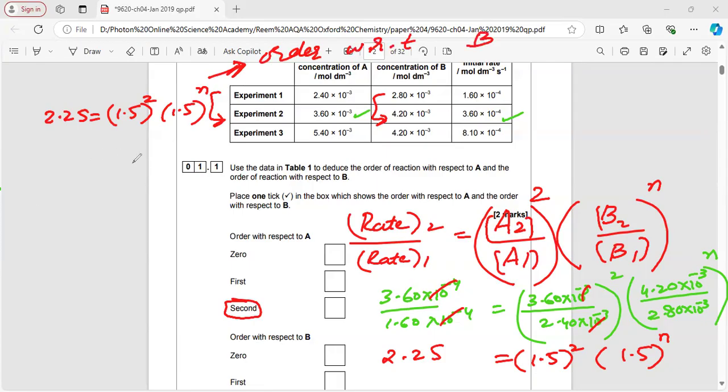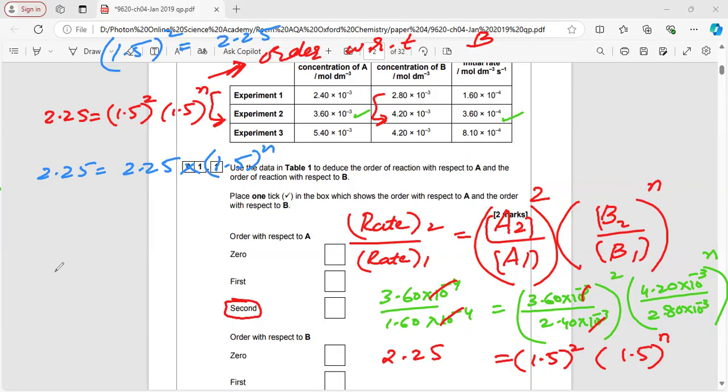Let's simplify this. When you take 1.5 squared, this equals 2.25. So 2.25 is equal to 2.25 times 1.5 raised to power n.